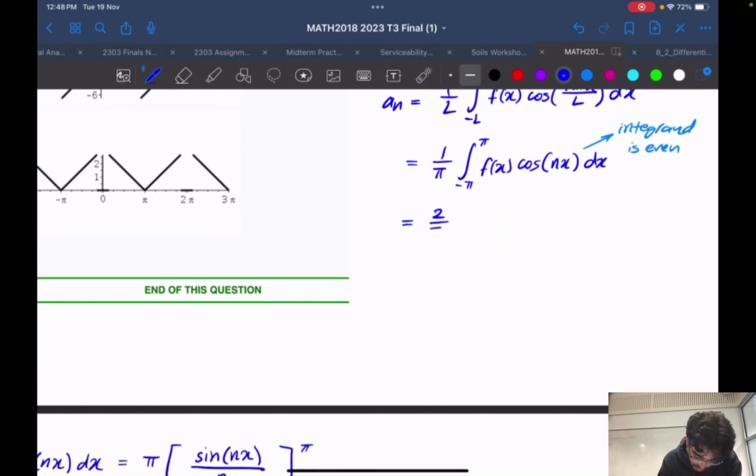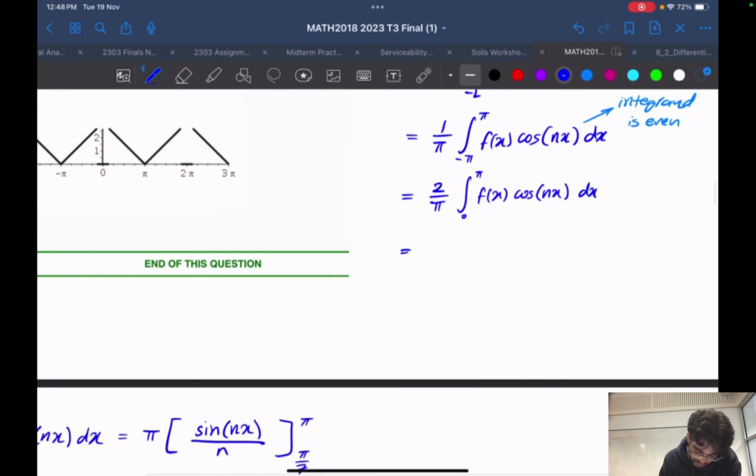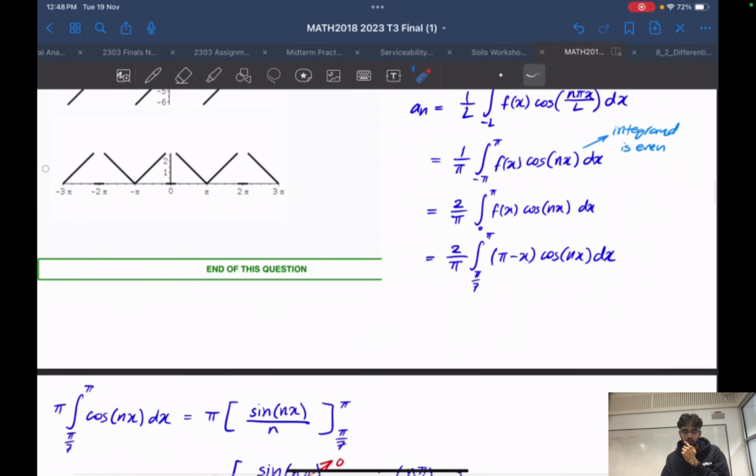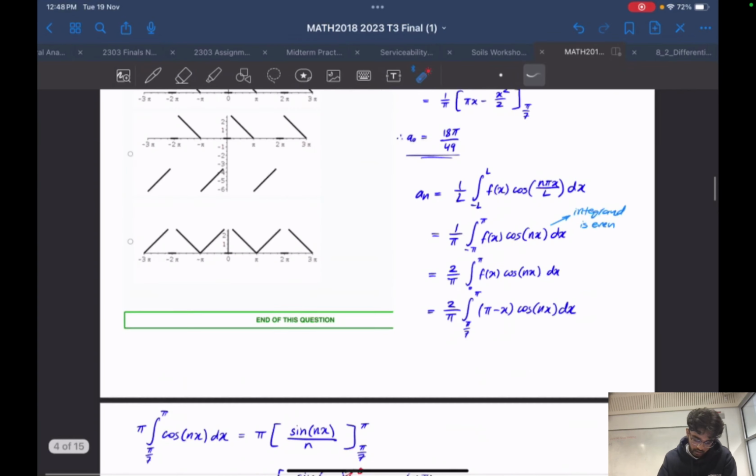So 2 over pi from 0 to pi of f of x cos nx dx. And again, from pi on 7 to pi, because between 0 and pi on 7, our integral is equal to 0. So I'm going to do pi minus x cos nx dx. As you can see, we're going to have to do integration by parts at some point or another.